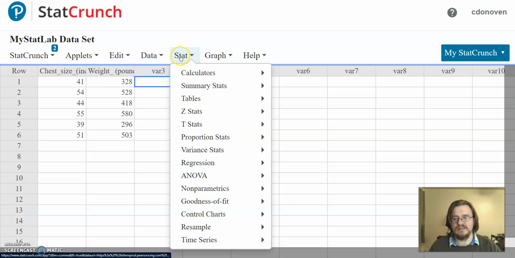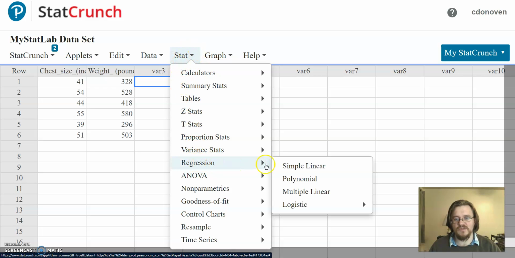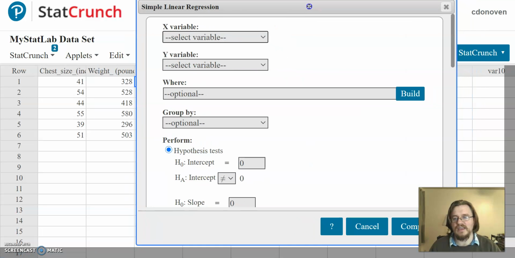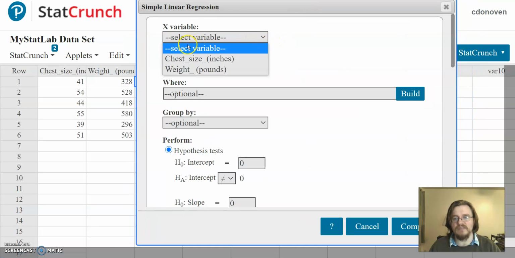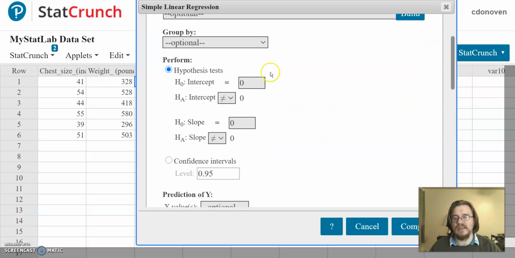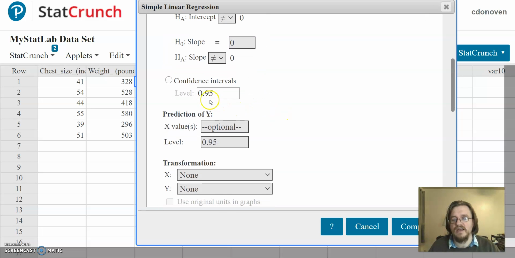So if we come to Stat and we come down to Regression, yeah, we want to do simple linear regression. Again, x, our independent variable, should be chest size, is the one that we're using to predict the dependent variable, which is y. Again, hypothesis test, confidence intervals, this is not necessarily what we're doing right now, although we'll find the p-value for that.